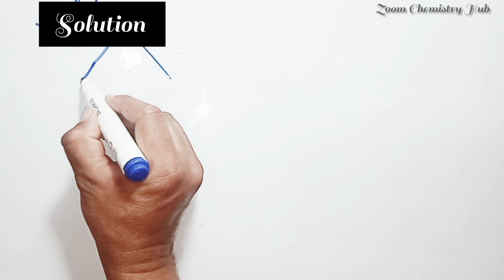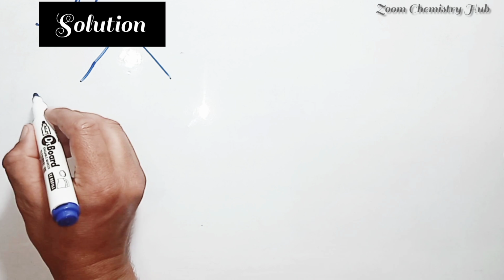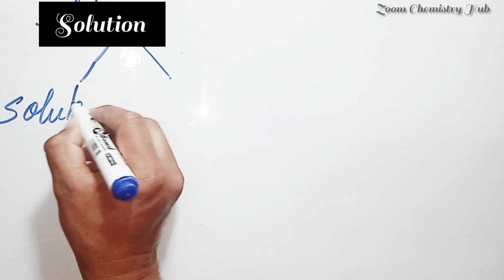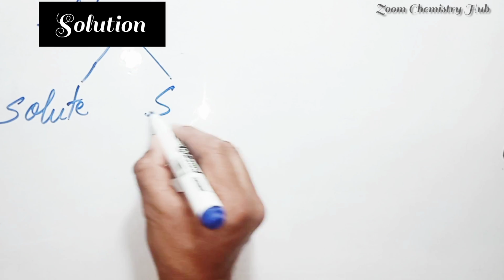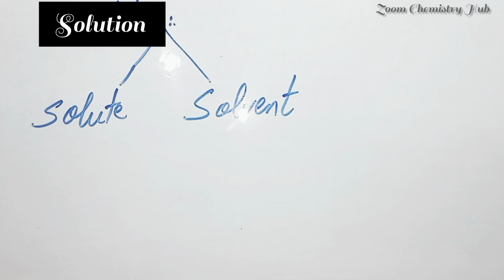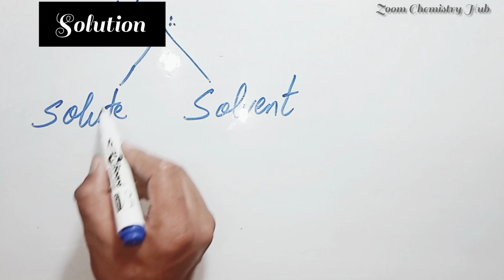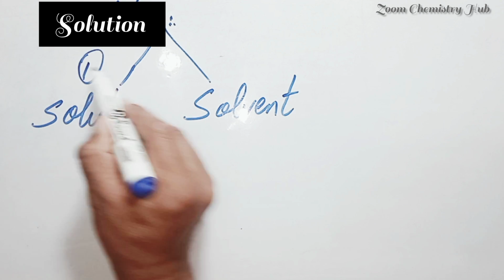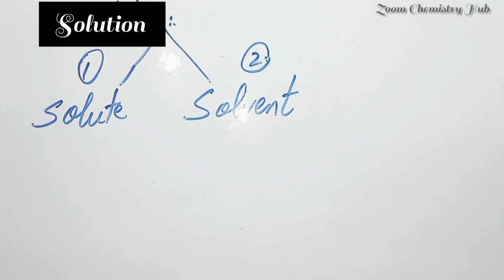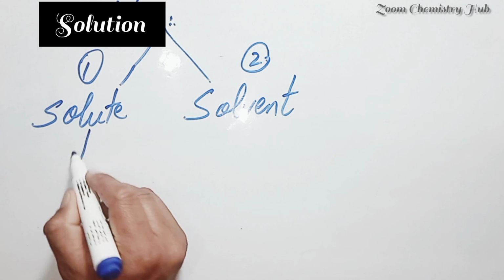A solution consists of two components, that is solute and solvent. So in other words, we can say that a solution is made up of two things, solute and solvent. The component which is present in smaller amount is called solute.